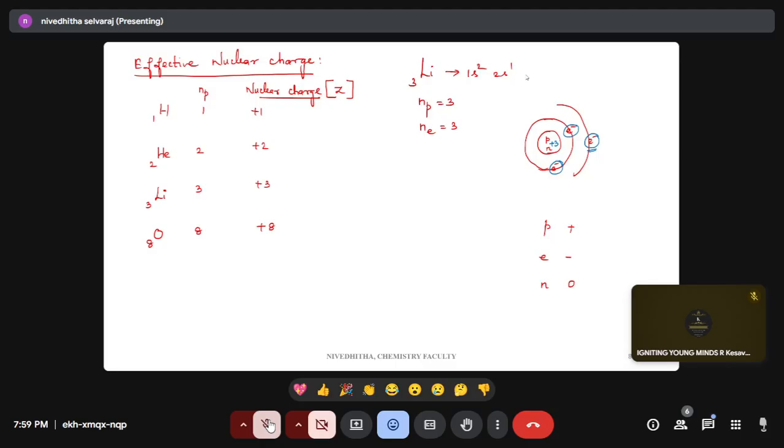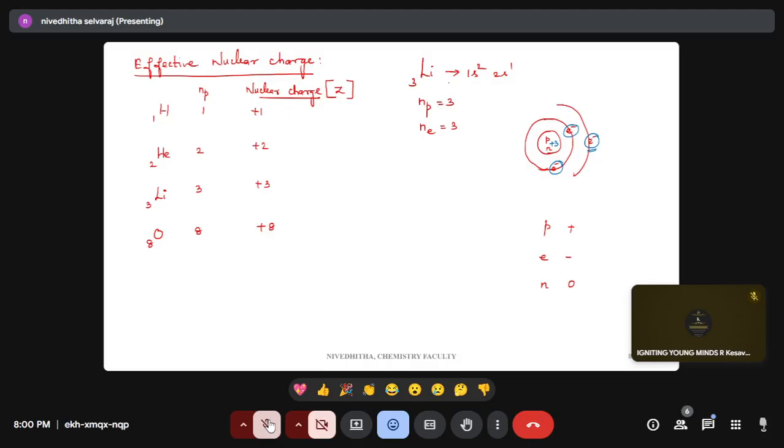Shielding effect, ma'am. Yes. The first thing we think of is that the distance between the nucleus and the second shell is more. But not only the distance, as was said, it is the screening effect.